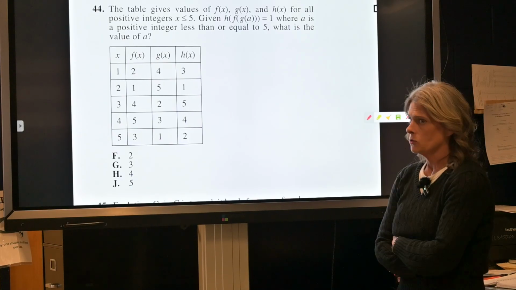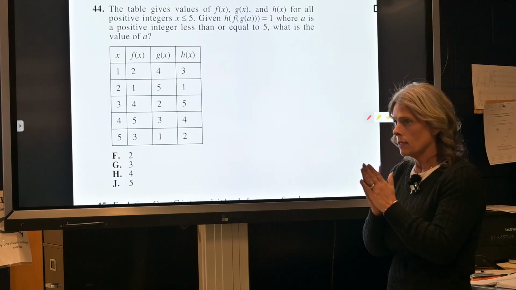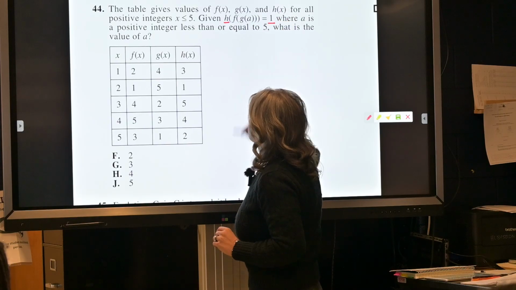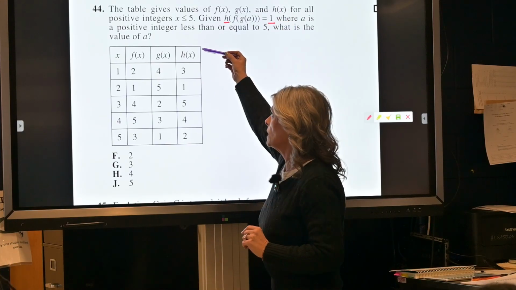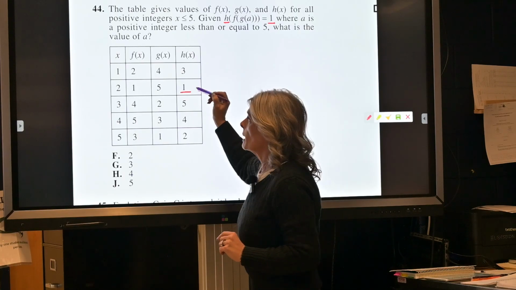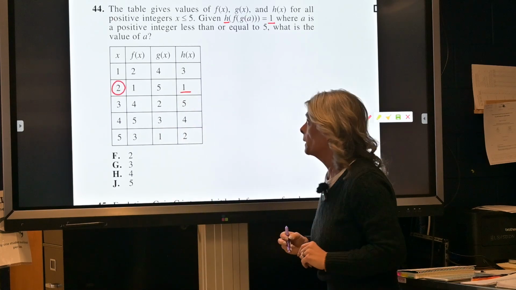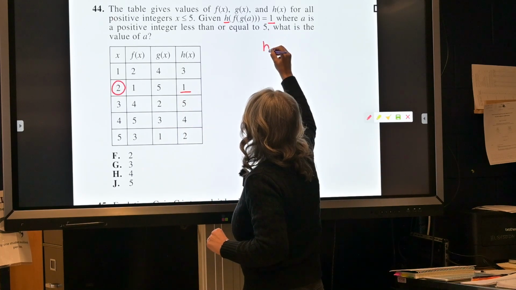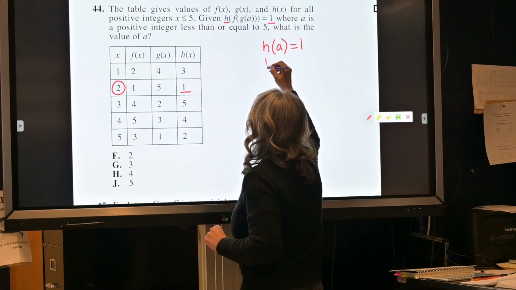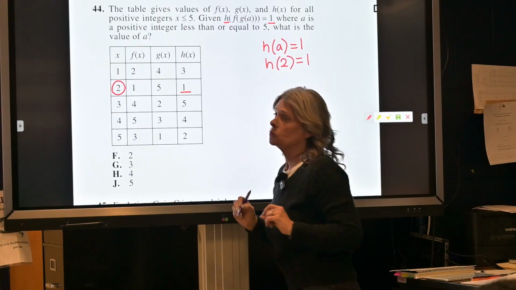So this is kind of like a puzzle, you guys. We just start from the outside and work our way in. So h of a is 1, so I'm going to come down my h column to 1, and circle the x that goes with that. So h of 2 was 1.